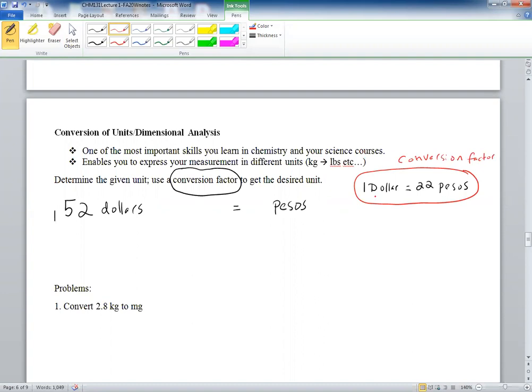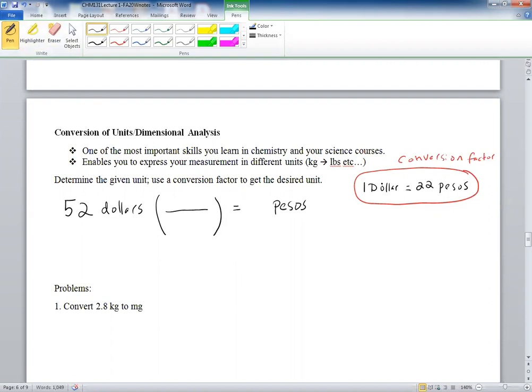And it's important, because you cannot actually go from US dollars to pesos without it. So in order for you to go from the dollars to the pesos, you need to find a way to input this conversion factor so that the US dollars would cancel out.